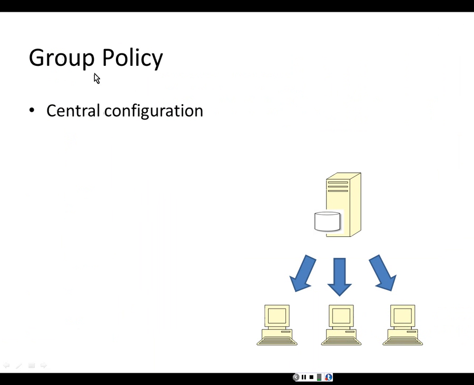With group policy objects, you don't walk around to each individual server, to each individual workstation. You configure the group policy object on the server, and what that does is it configures every workstation in the domain. If you either want to remotely install software, to push it down from the domain controller, or if you want to configure that computer's security parameters.